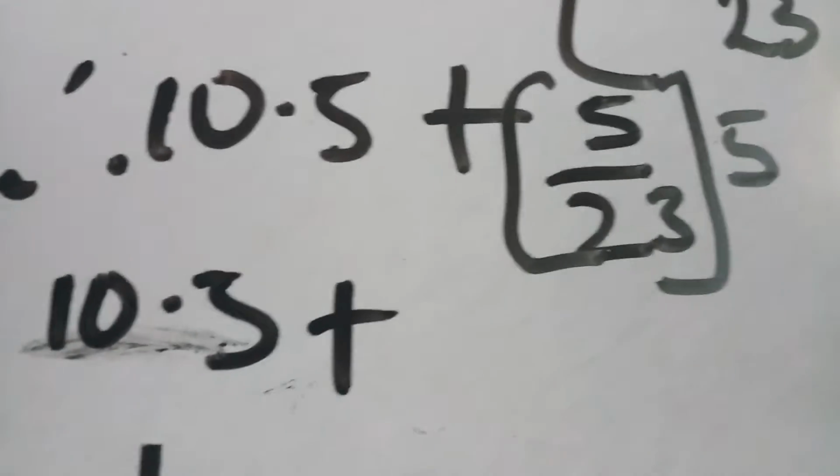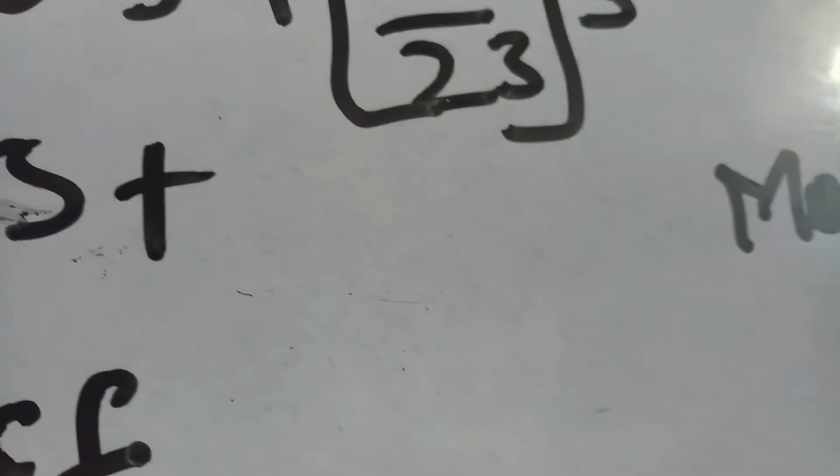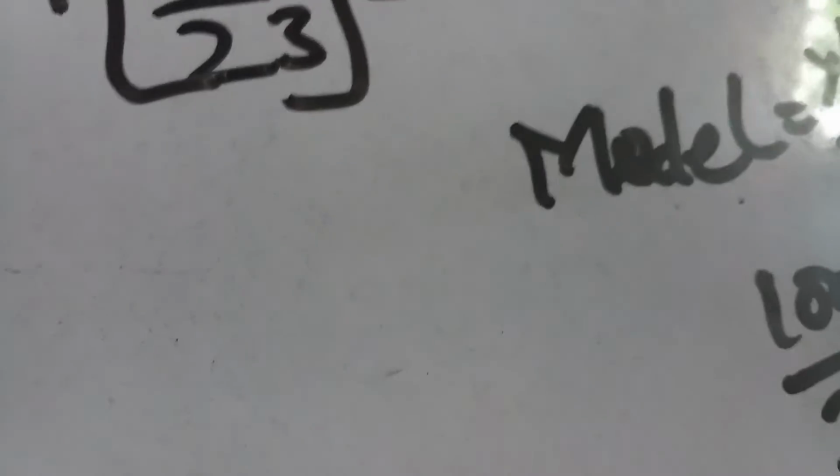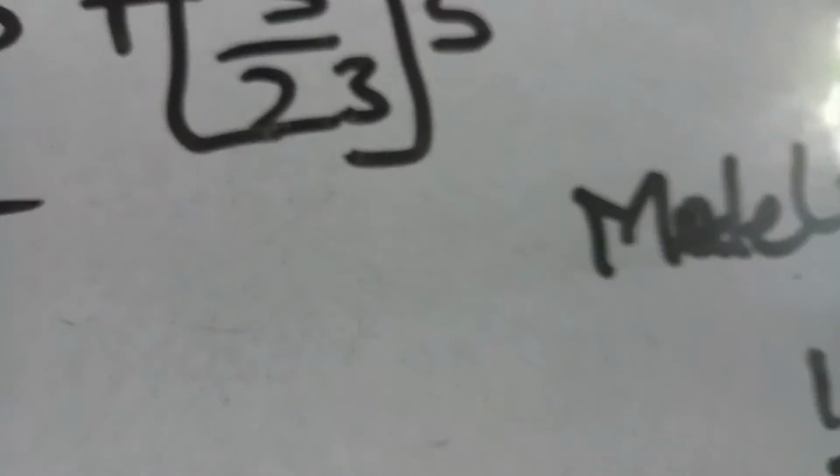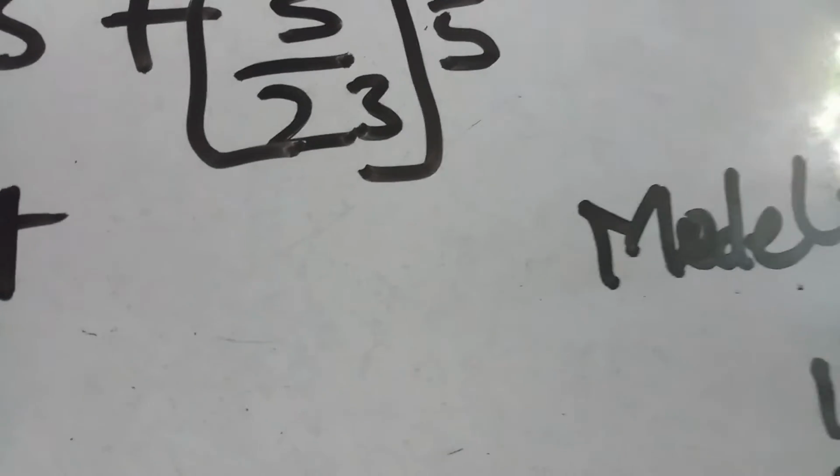By the time you work this out, it'll be 10.5 plus 5 divided by 23.